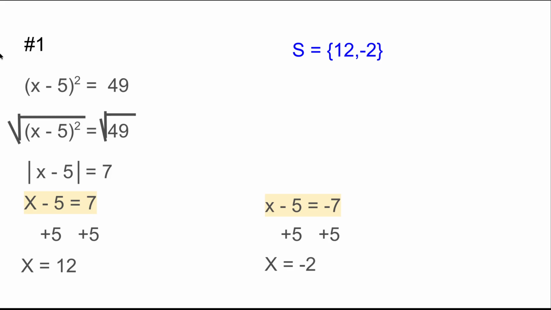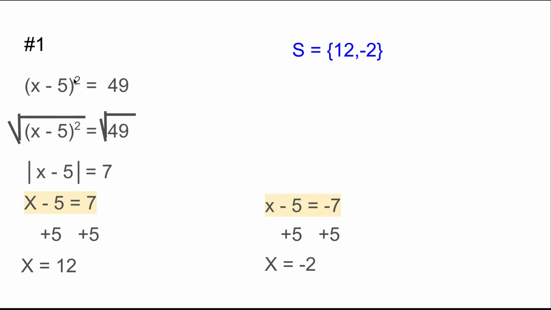Both of those numbers would make this squared equation true. So we had 12 minus 5, which equals 7. 7 squared is 49. Also, if we took this negative 2 and plugged it back in, we'd have negative 2 minus 5, which would give us negative 7.